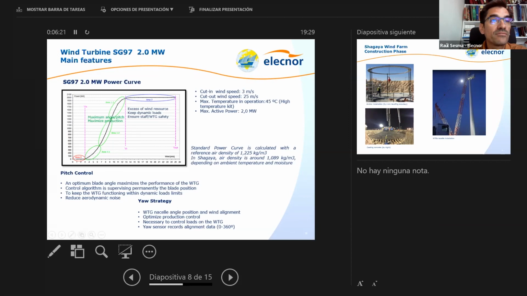And once we arrive at around 12 meters per second, we have more wind speed than we need to perform the 2 megawatts that the turbines are capable of generating. So as we say, the pitch control is a key concept, mostly in this area with low wind speed.